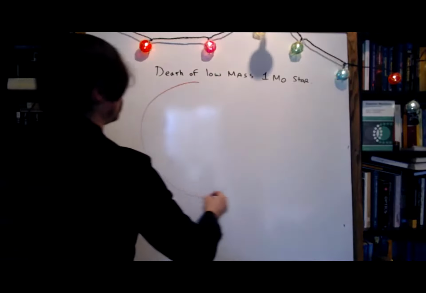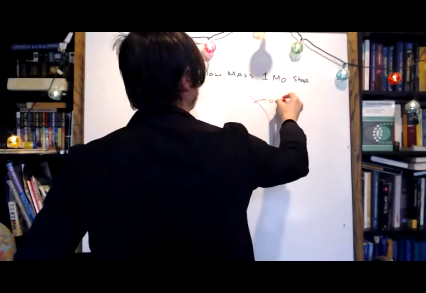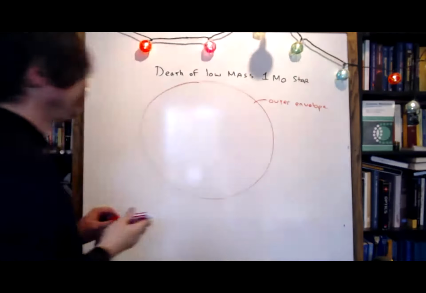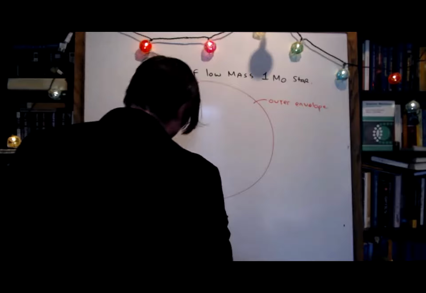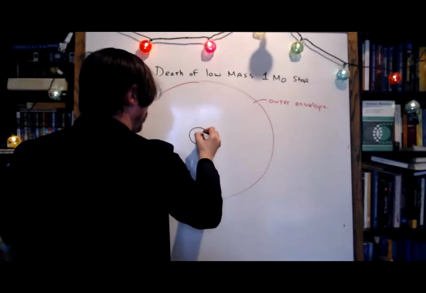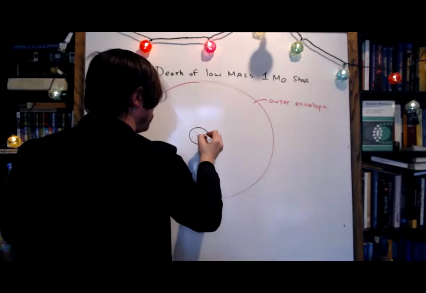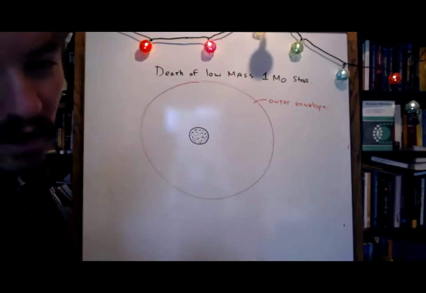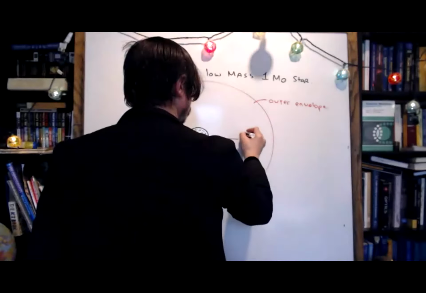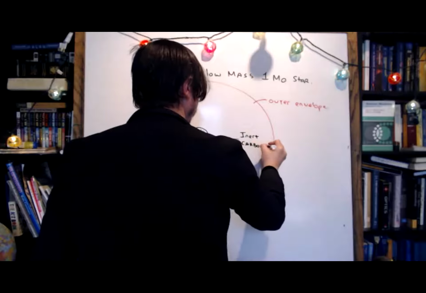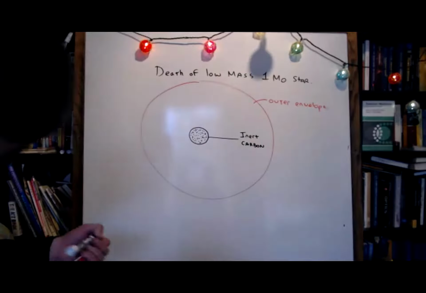So here are the outer layers of the star, which I call the outer envelope. And then somewhere in the center of the star is the core. Most of the core of the star is made of highly compact, highly degenerate carbon, surrounded by a layer of helium fusion.